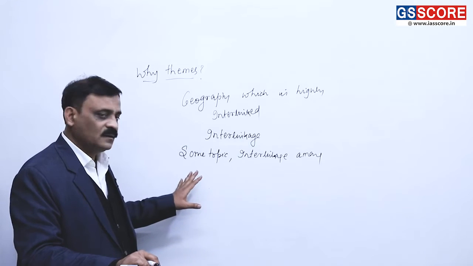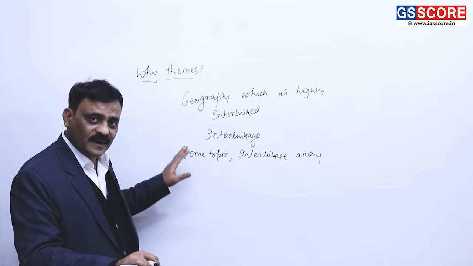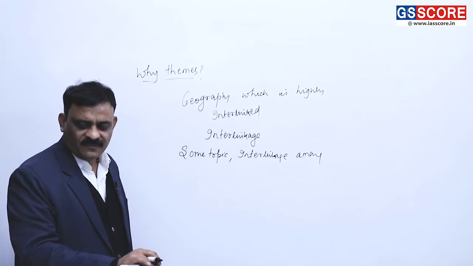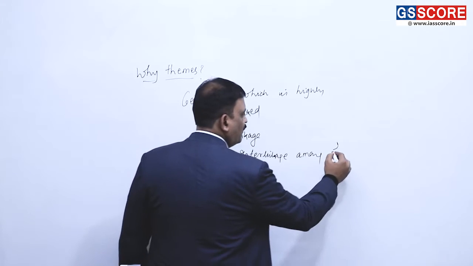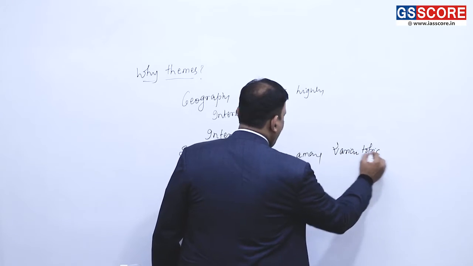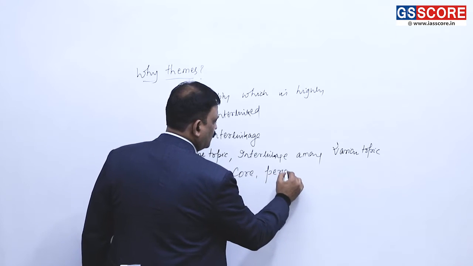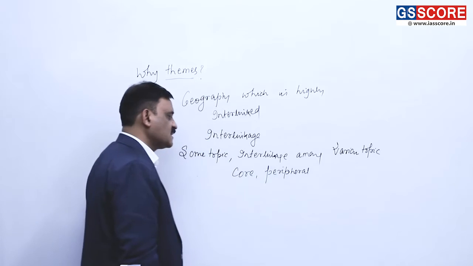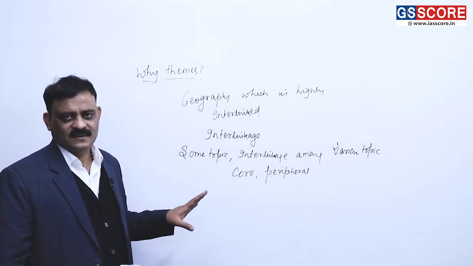So coming back to this point, we will be taking some topics, we'll be going for the interlinkages, and we will also touch all the peripheral areas, interlinkages among various topics, and also the core and peripheral area. Sometimes students understand the core, but they miss the peripheral area.